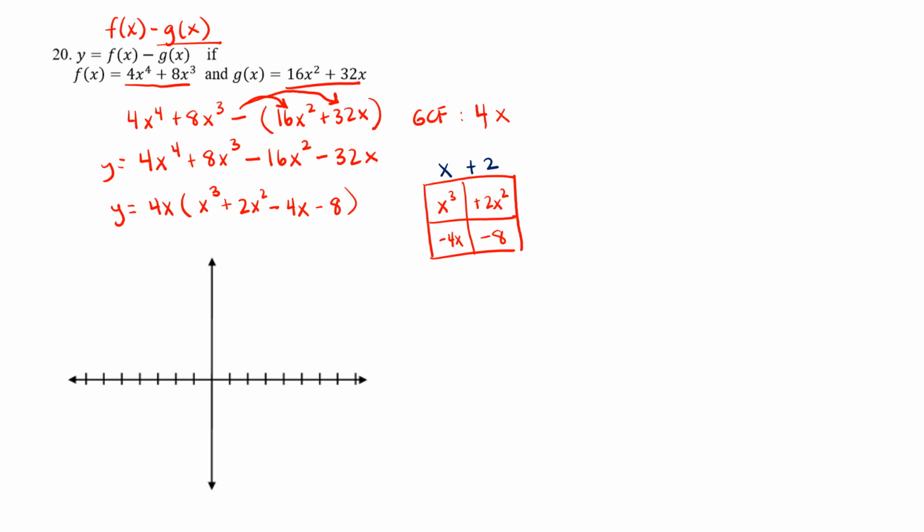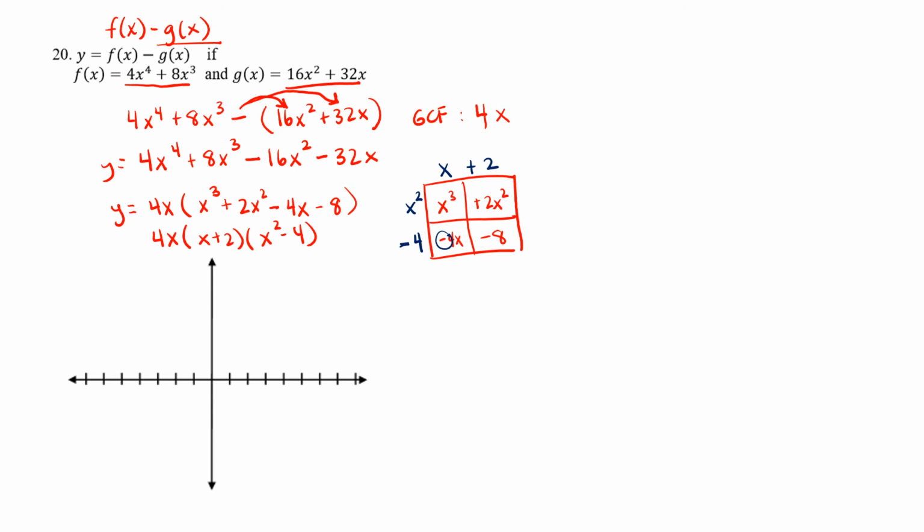X cubed and 2x squared have an x squared in common. Negative 4x and negative 8, well 4 and 8, you can divide both of those by 4, and specifically it's going to be a negative 4 because that's a negative 4x, which allows us to write this as, we still have the 4x out in front, x plus 2, and then x squared minus 4.